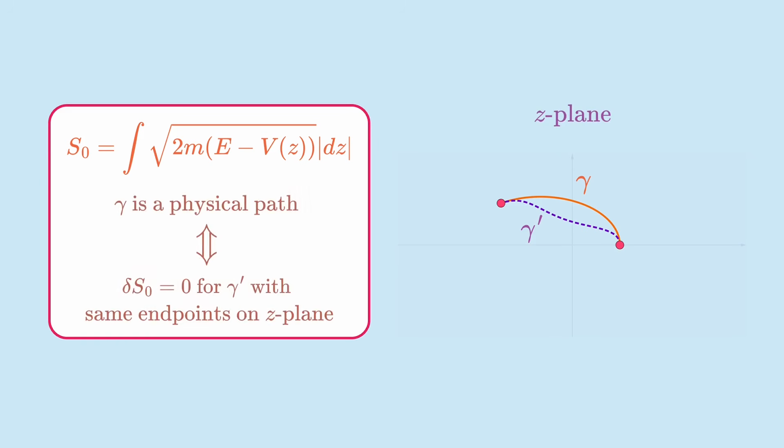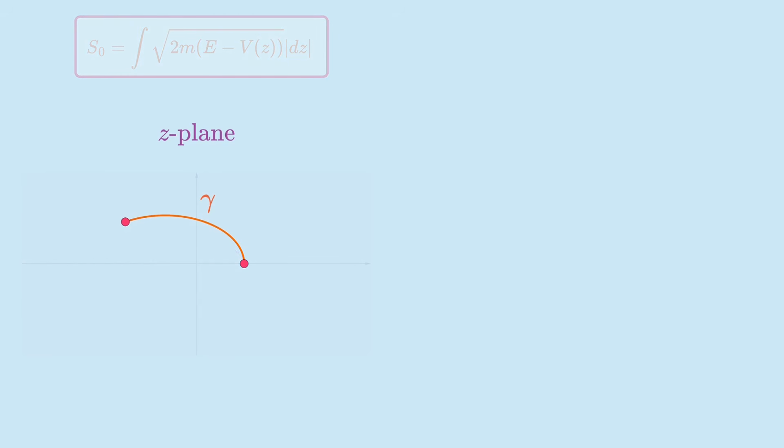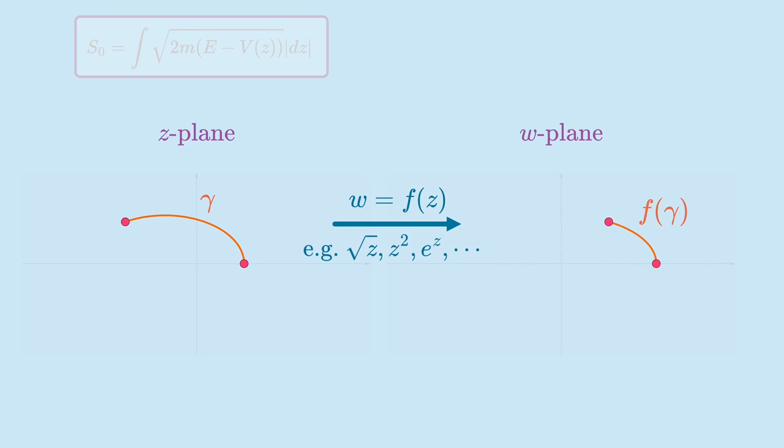In this language, a physical path on this z-plane is one that extremizes this abbreviated action S0. What follows is a pretty genius trick. The idea is to transform the complex plane with a complex function f. F can be anything you like, and this transformation gives another curve f of gamma on the transformed plane, which we now call the w-plane.